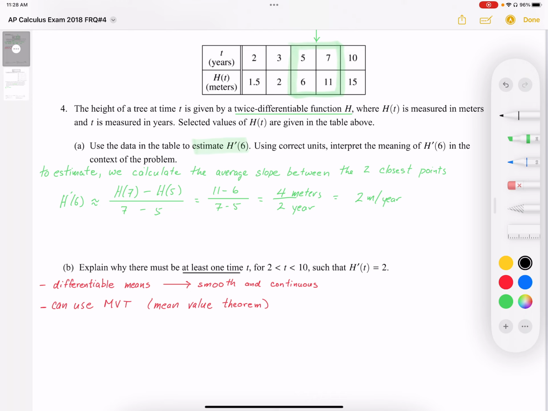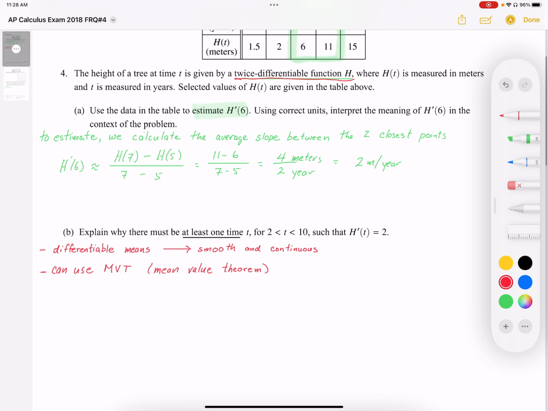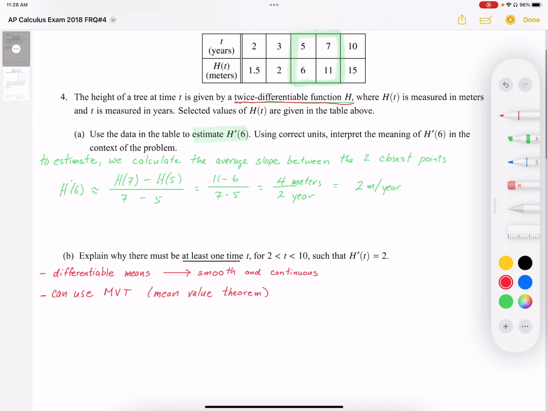And because it's twice differentiable, it means that this function, the twice differentiable function h, is smooth and continuous, so it meets the conditions of mean value theorem. So applying mean value theorem here, we're going to look for some intervals where we can see an average slope of 2.